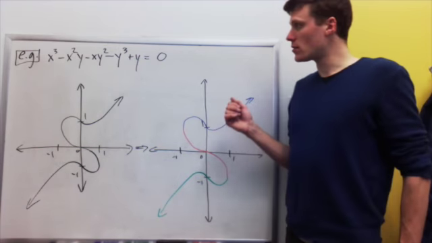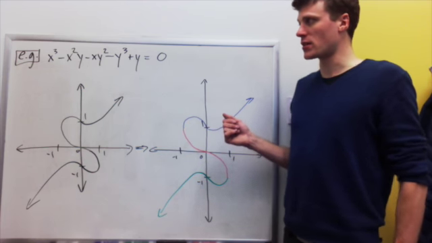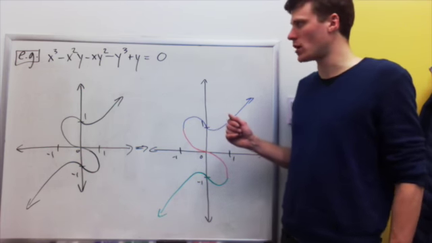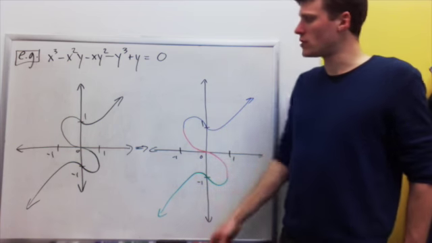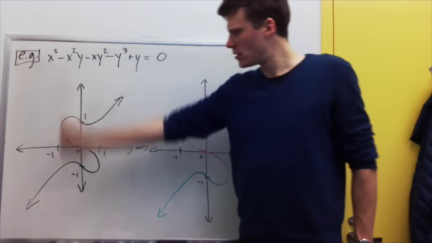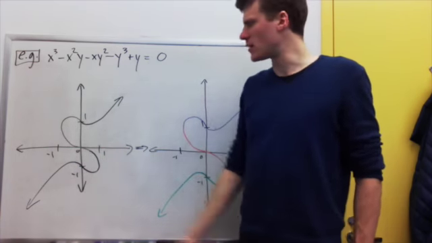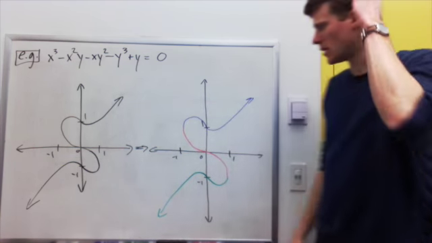Okay, so let's consider the equation x cubed minus x squared y minus x y squared minus y cubed plus y equal to 0. If you plot the solutions to this equation, you get this sort of S-looking curve right here, and this really fails the vertical line test. Well, the y-axis hits it in 3 places, so it fails the vertical line test.